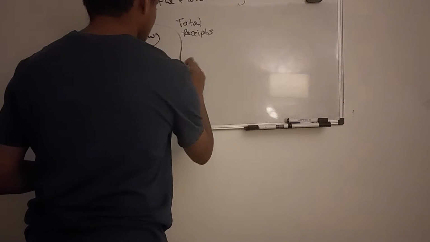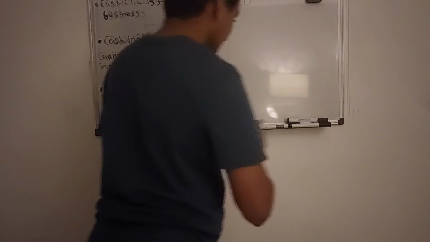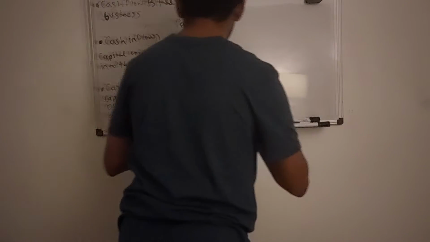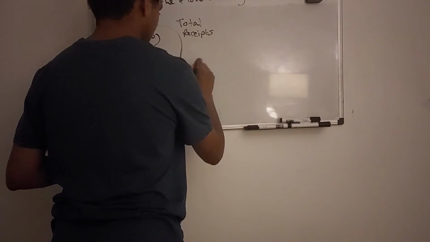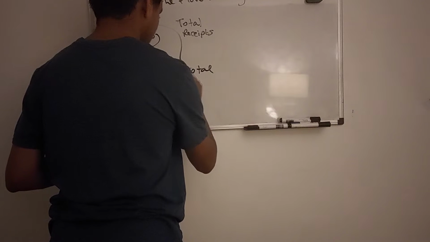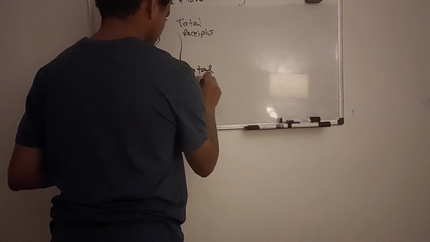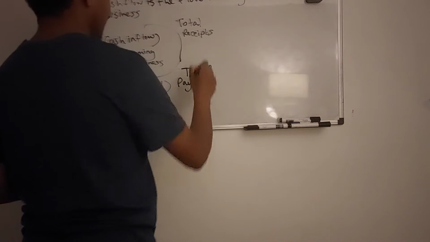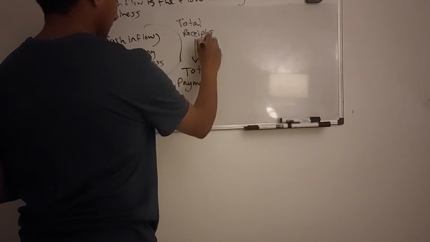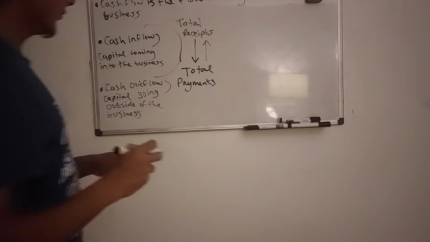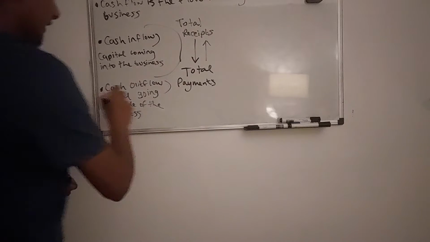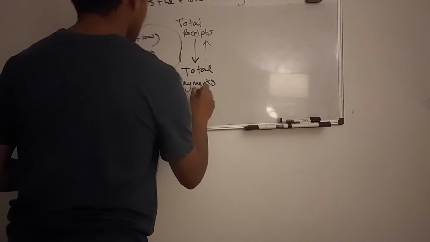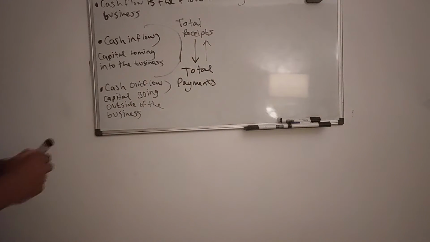And cash outflow is your total payments. When you pay for something, you're spending on it, aren't you? That's your cash outflow, and that's your cash inflow.